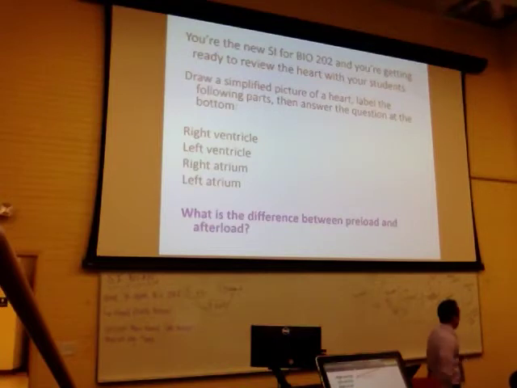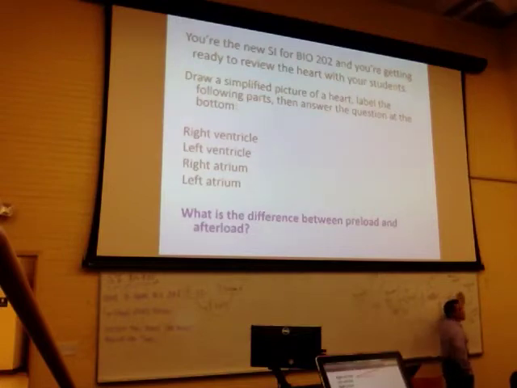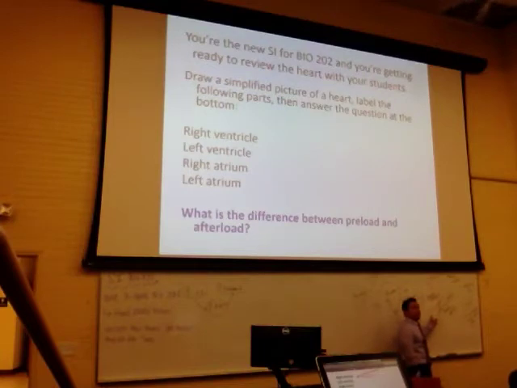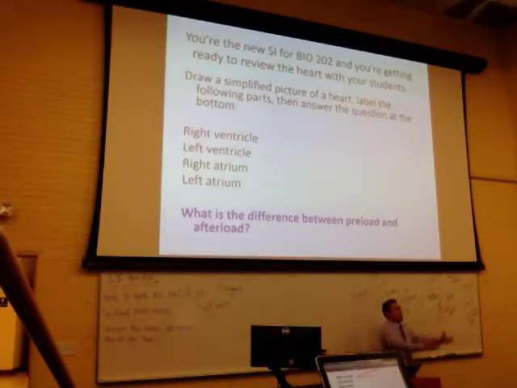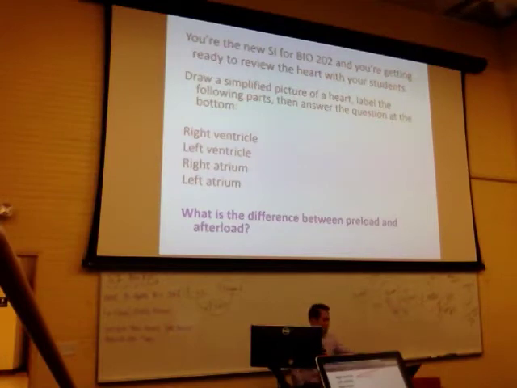So if hypertension or high blood pressure is present, mean arterial pressure is elevated, that increases afterload. That means the load on the heart to eject blood is higher. So it has to overcome a larger pressure head in order to pump blood out every heart cycle. Okay? We got this?